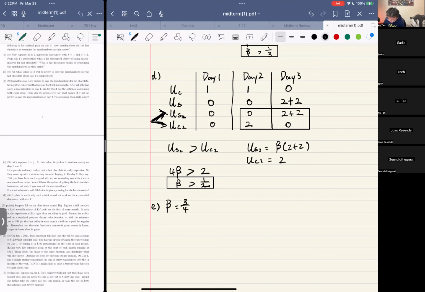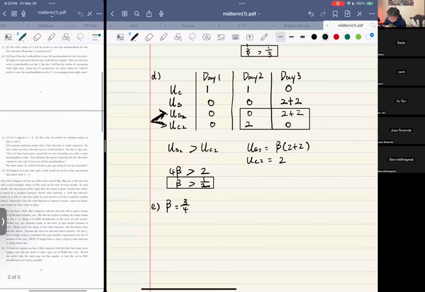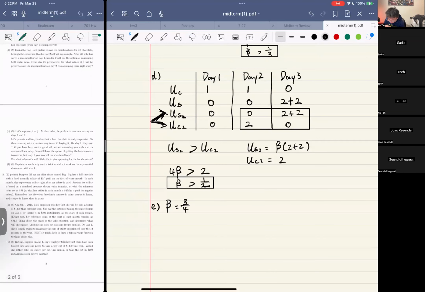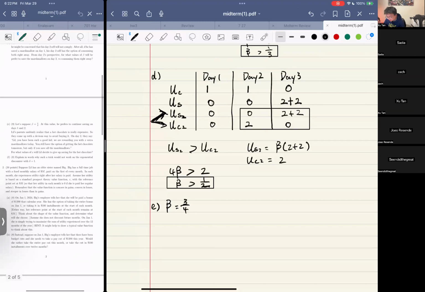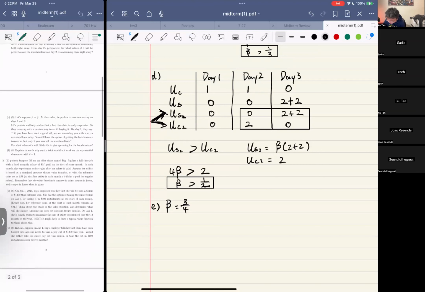At this value, he prefers to continue saving on day 1 and day 2. And Lily's parents don't want to pay that high premium on the hot chocolate, and decide to give cheap marshmallow to Lily to attempt to skew her away from saving, so that she can consume all the marshmallow now.